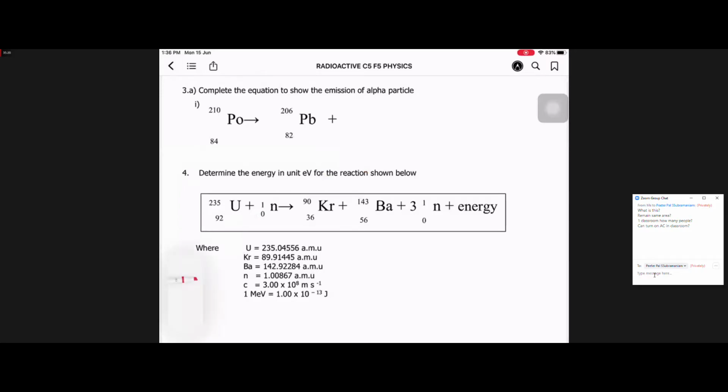Let's show the alpha particle emission. So this is 210, 206. So 4, 2. 84 minus 82, 2. So you get your alpha plus energy. So this is how we show the emission of alpha particle.